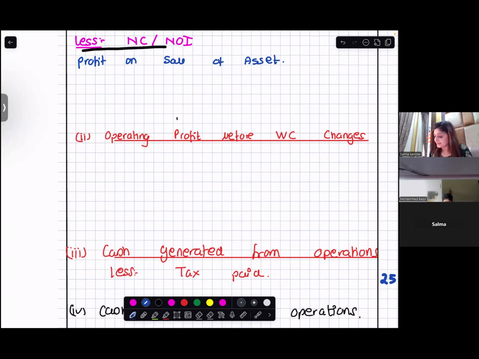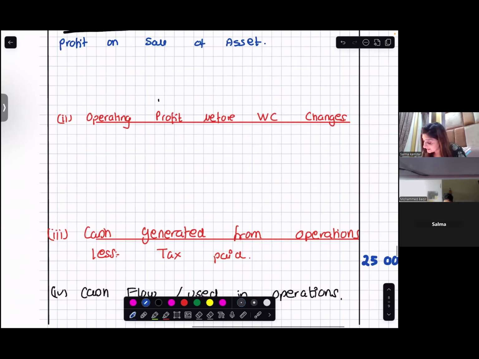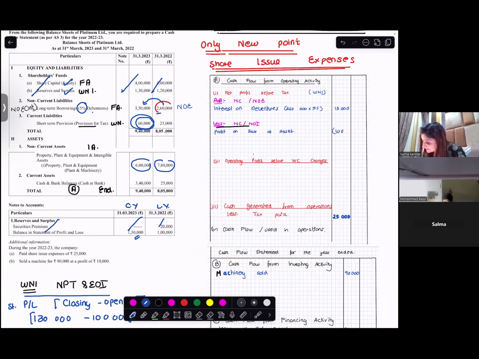You have to subtract 10,000. Now I am left with two things: either the depreciation of the current year, and if there is any buying or selling of non-current asset. Are you with me?